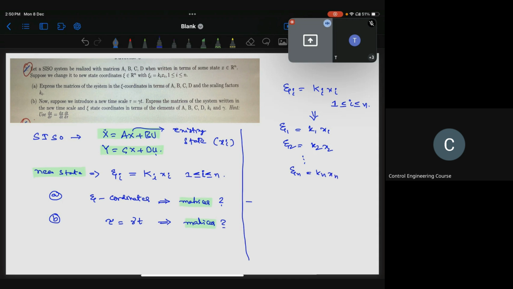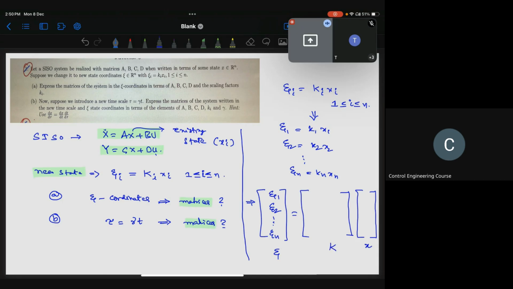We can write this in matrix form, with the vector zeta 1, zeta 2, up to zeta n equal to a K matrix multiplied by the x vector. So this is zeta, K, and x.